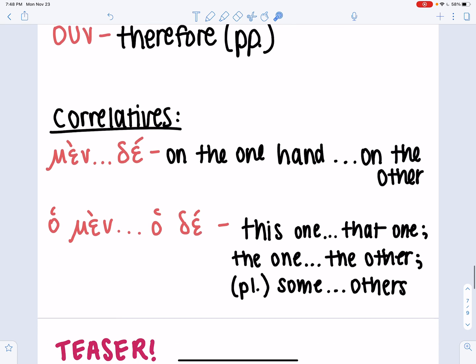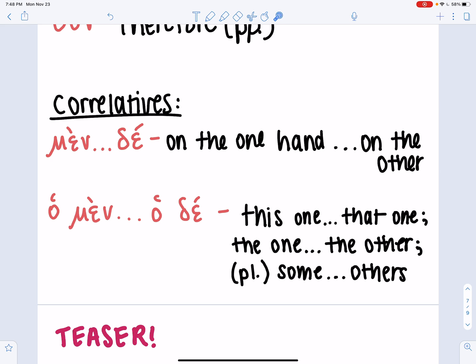Now, there are some correlatives. We learned what correlatives were in one of our very first lessons when we had kai, which means both and. Here, we're using these two new words that we learned, men and de. So men, followed by blah, blah, blah, and then de, blah, blah, blah, means on the one hand, blah, blah, blah, on the other, blah, blah, blah. There are other words that do this in Latin, so you may be familiar with those.